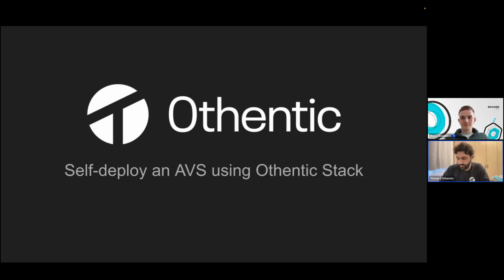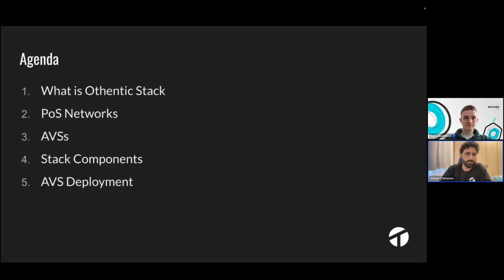So yeah, let's get started. The agenda is pretty concise, so I'm going to go over what the Othentic Stack is. I'm going to talk a bit about proof of stake networks and how they operate. Then I'm going to talk about AVSs and how they operate and how they are related or connected to proof of stake networks.